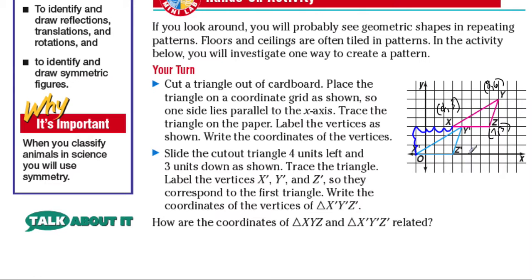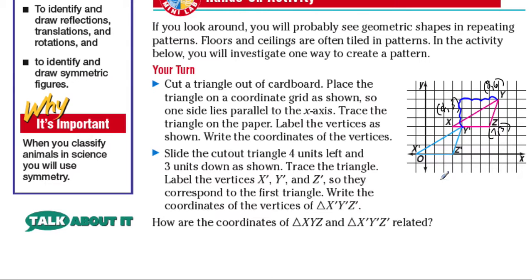I do the same for z, 4 units to the left, 3 units down, and I go to my z prime. Finally my y, 4 units to the left and 3 units down, 1, 2, 3, 4, 1, 2, 3, gets me to my y prime.